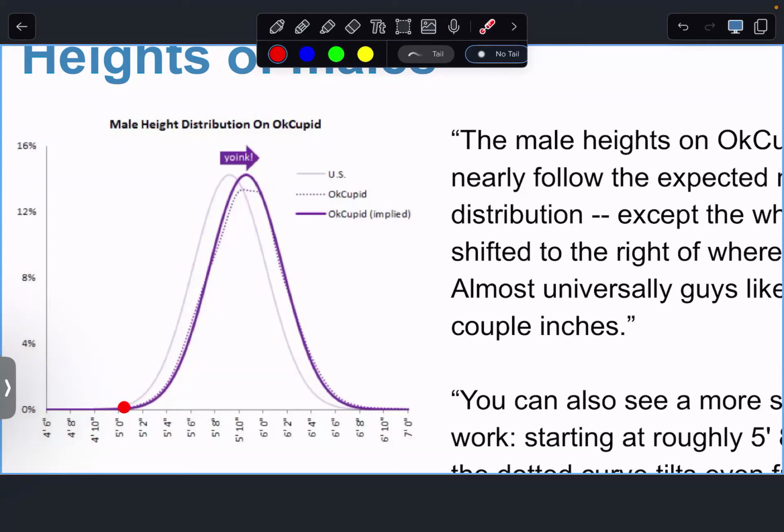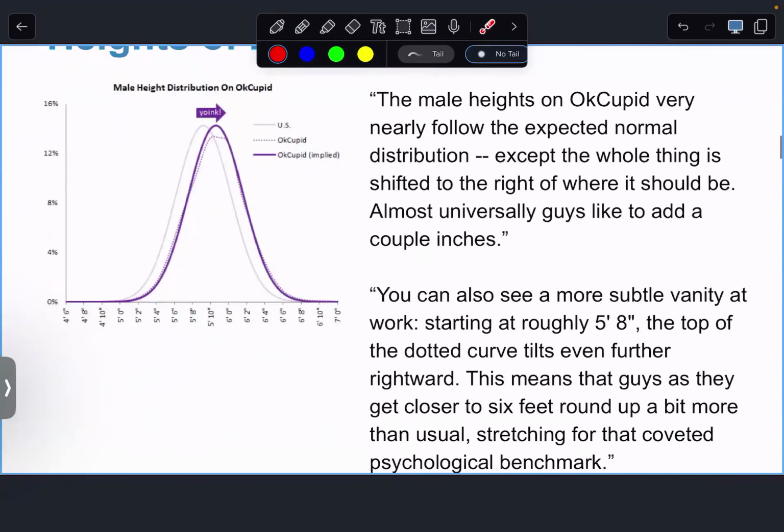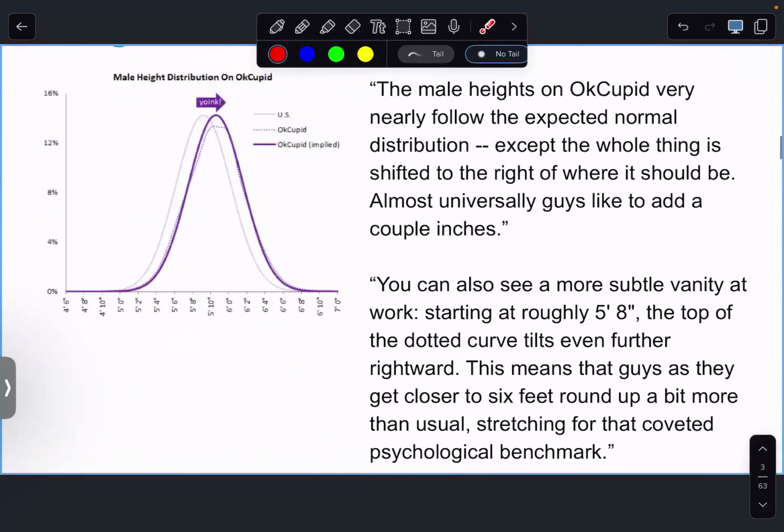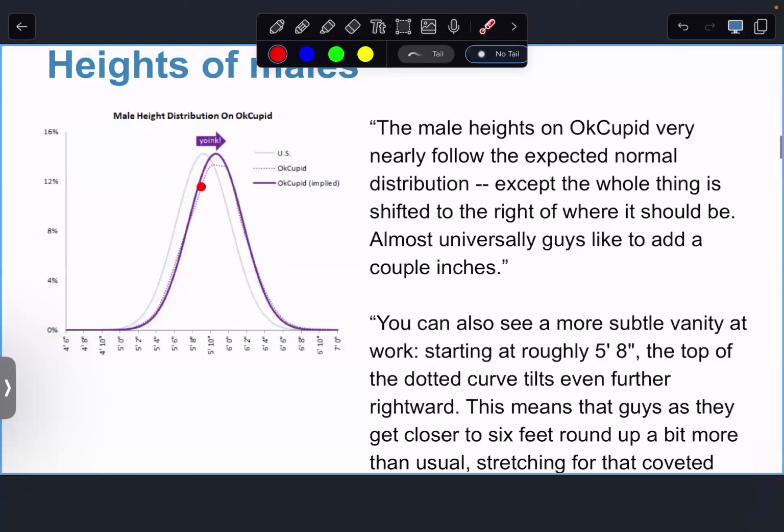But anyways, we've got the heights of males in this case. The average male height is, let's see, it doesn't say what the average height is, but it looks like maybe 5'8", 5'9". Doesn't matter.